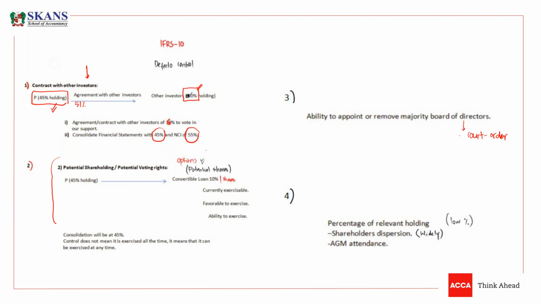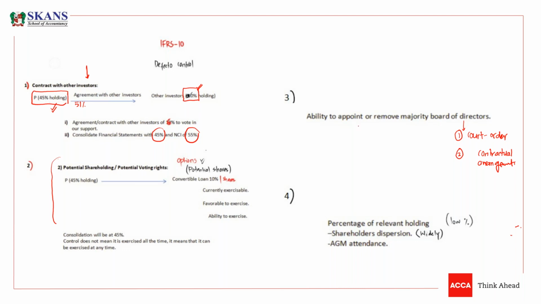Or maybe we have contractual arrangements, and according to those arrangements, even though we have 30, 40, 50%, we still have the ability to appoint or remove the majority of the board of directors.